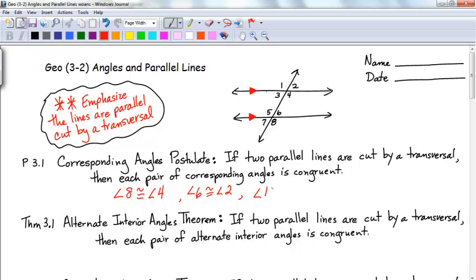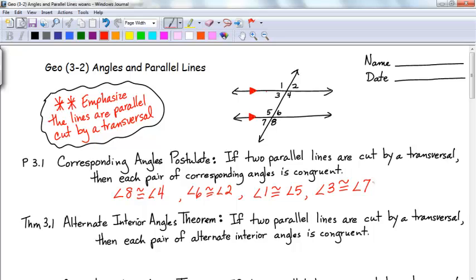Yep, angle 1 is congruent to angle 5. They are corresponding angles. One more. 3 and 7. Angle 3 is congruent to angle 7. Because those two lines are parallel, cut by a transversal, all of those are congruent. Corresponding angles.